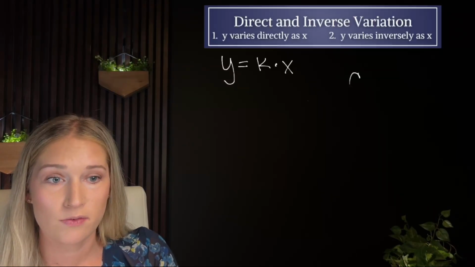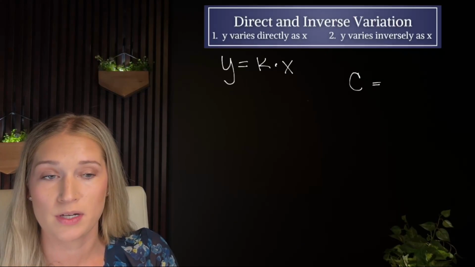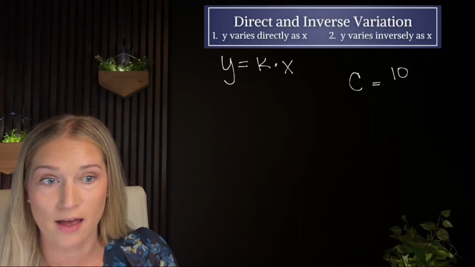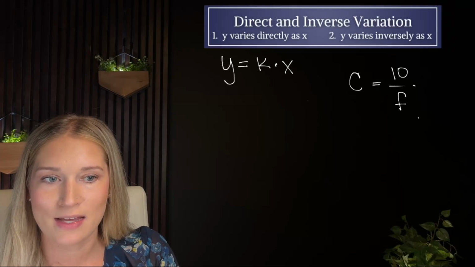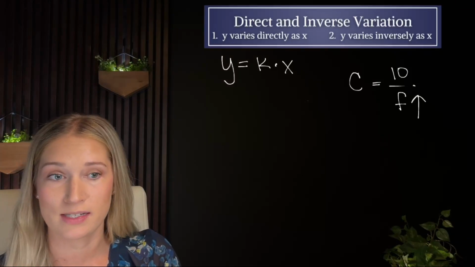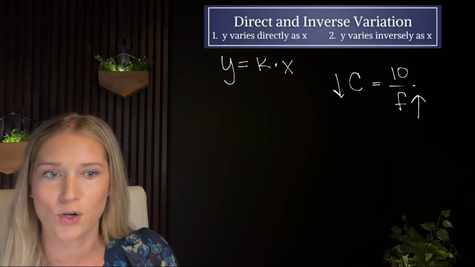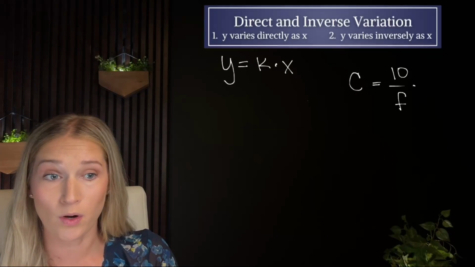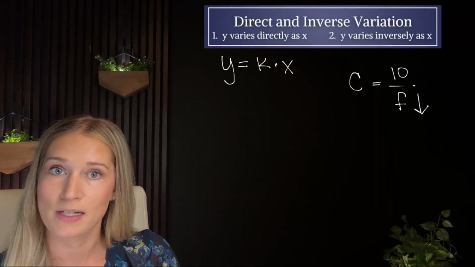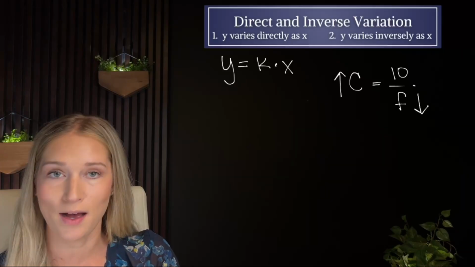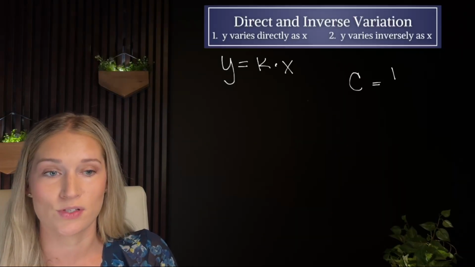So the amount of cookie that everybody's getting is going to be however many cookies you have divided by however many friends you're sharing it with. Now you can imagine as that number of friends increases, the amount that everybody's getting is going to go down. Or as your number of friends goes down, the amount of cookies that everybody gets is going to go up. This is called an inverse relationship.